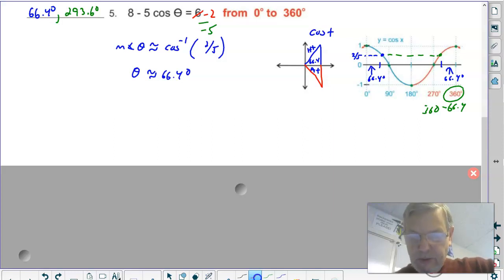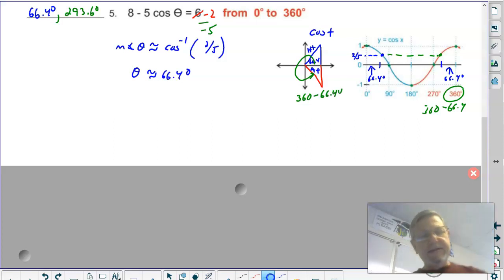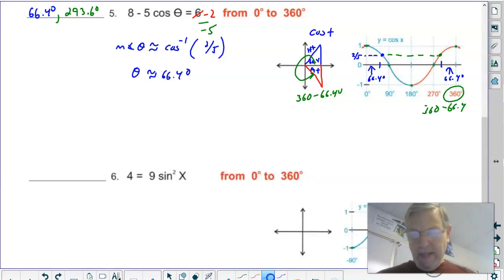The hypotenuse is positive in quad 4. So how do you get that angle? You go all the way to 360 and back up the 66.4 for the reference angle, and that's the 293.6. Okay? Both ways of looking at that. All right, 5 down, 1 to go. Last problem.